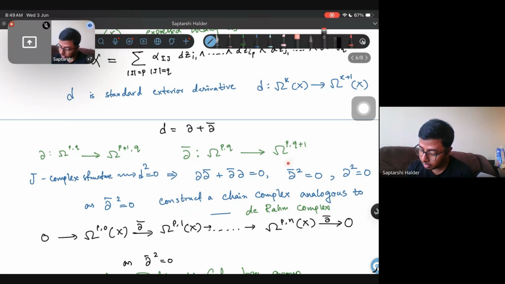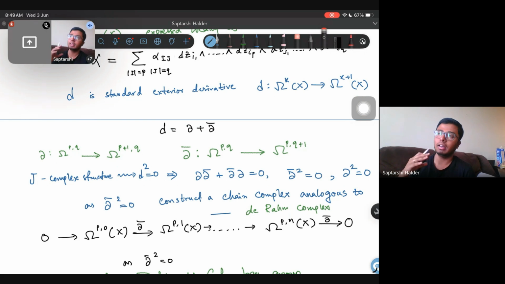Observe that del squared is actually not a problem. The problem is the conjugate part, the z bar part, so we focus on del bar squared equals 0.